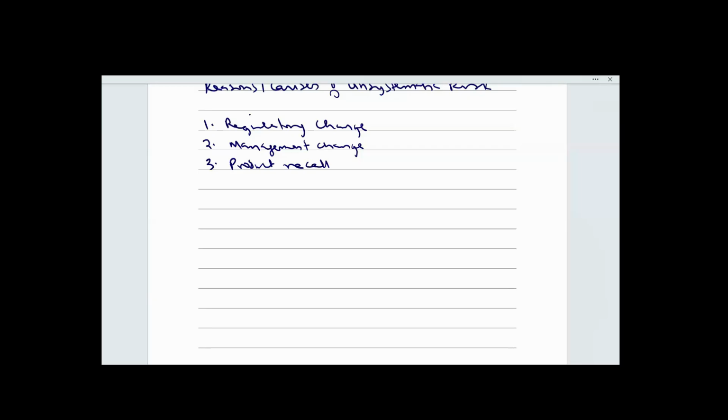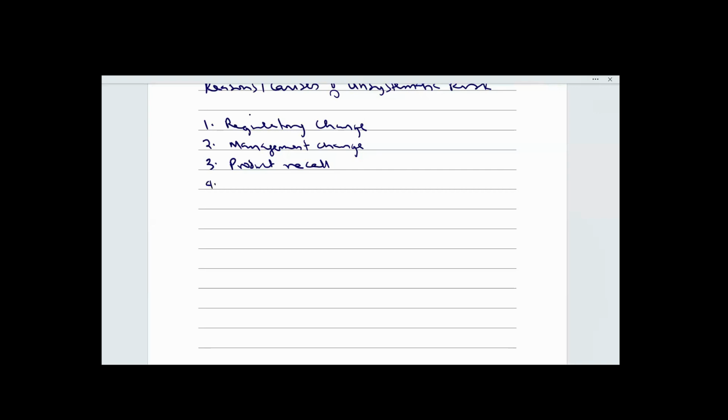That will be a loss. Every other company in the industry, like Apple and Nokia, is not affected by that recall. It's only Samsung that is affected. That's what we are talking about as unsystematic risk.